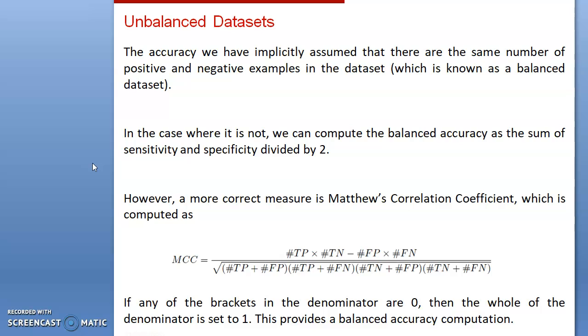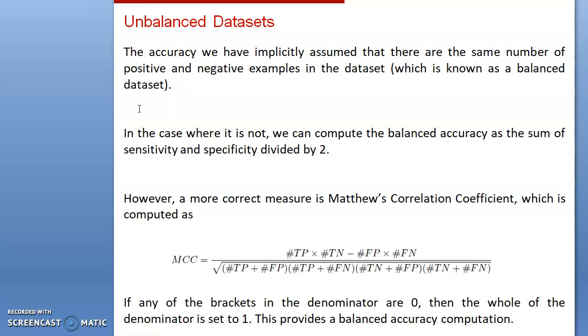Suppose the data set has 100 instances. From those 100 instances, the number of yes is 50 and the number of no is 50. So both yes and no are the same number, so that is called a balanced data set. If both are not equal, suppose the number of yes is 20 and the number of no is 80, it is called an imbalanced data set.